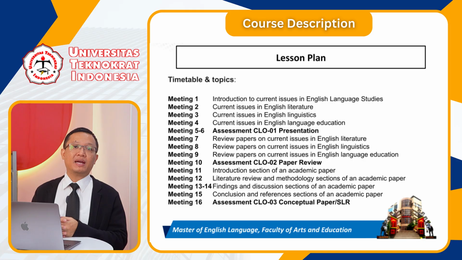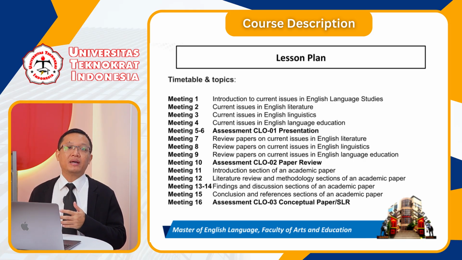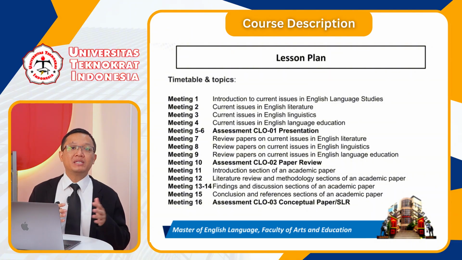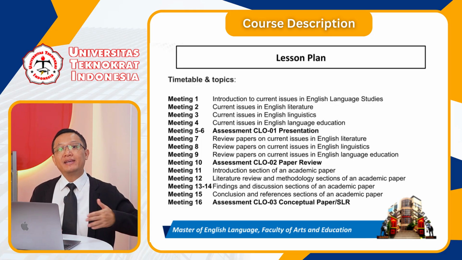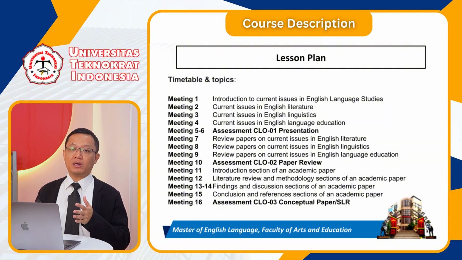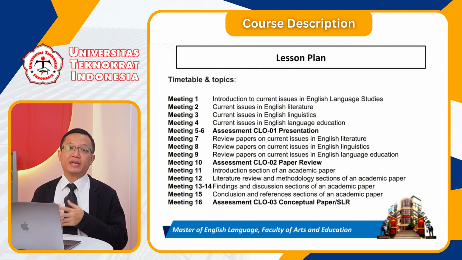In meeting 11, I'll introduce to you about sections of an academic paper. Then meeting 12, literature review and methodology sections of an academic paper. Meeting 13 until 14, findings and discussion sections on academic paper. Meeting 15 is about conclusion and references sections of an academic paper. So basically, from meeting 11 to 15, you will focus on writing an academic paper.